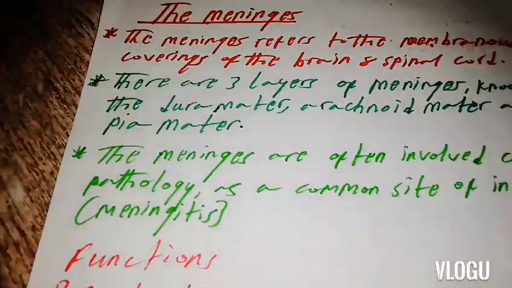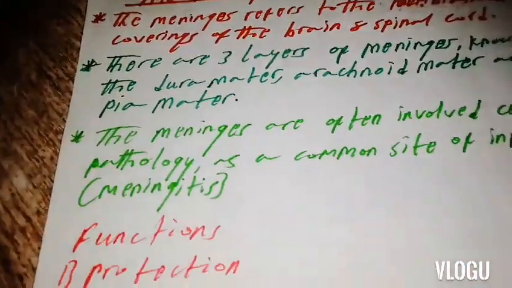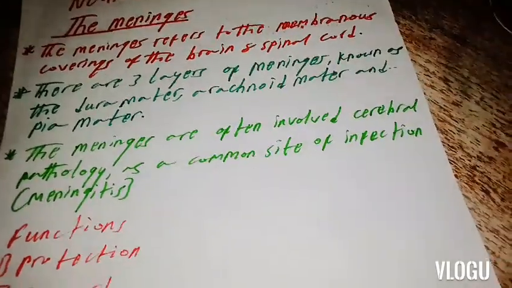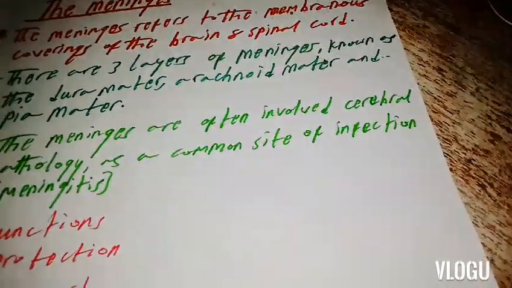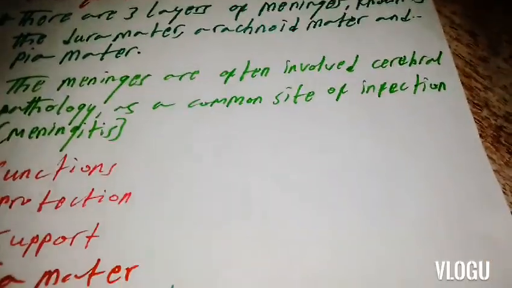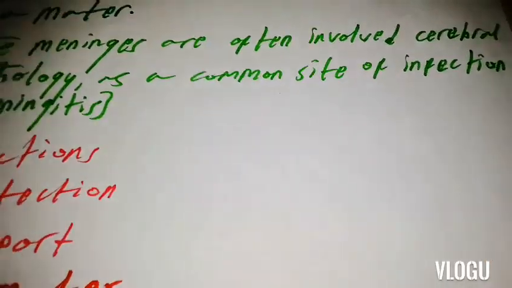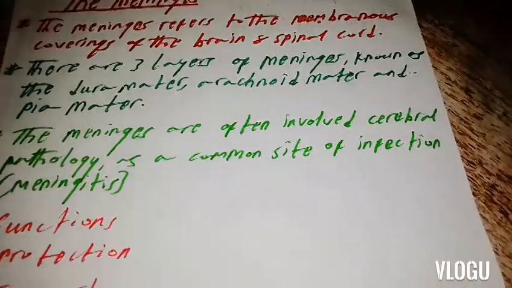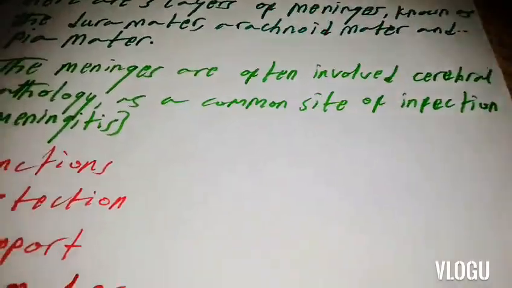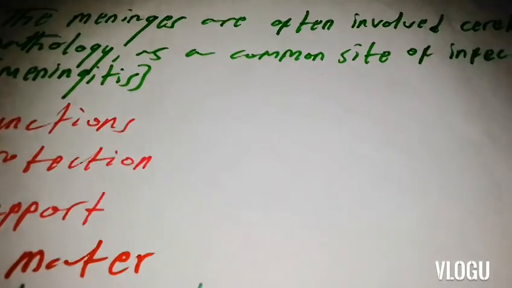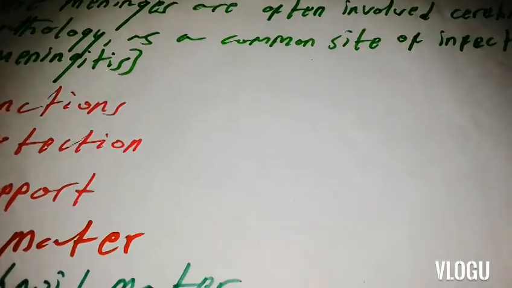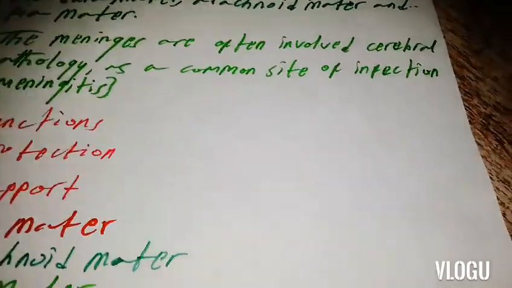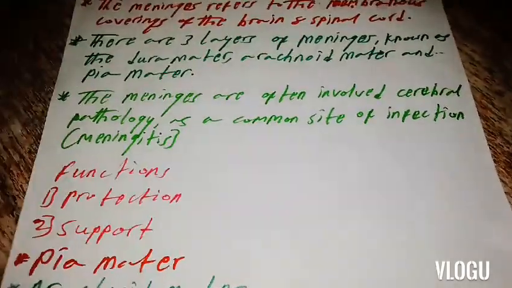These membranes which cover the brain and spinal cord are three. From superficial to deep, we have the dural matter, the arachnoid matter, and the pial matter. Now, the dural matter is double layered. It is sometimes referred to as meninges fibrosa or pachymeninx.